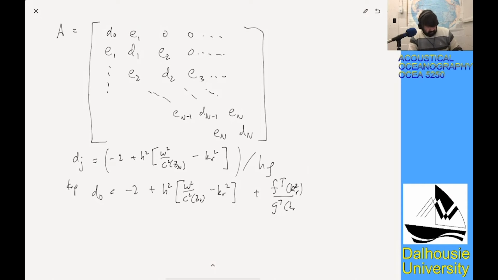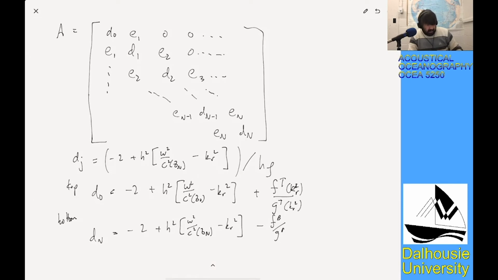And at the bottom, we'll have d n: minus 2 plus h squared omega squared over c squared evaluated at z_n minus k_r squared, and these impedance terms, just leave them at that.